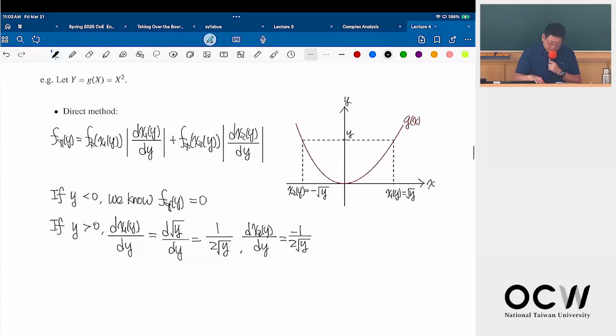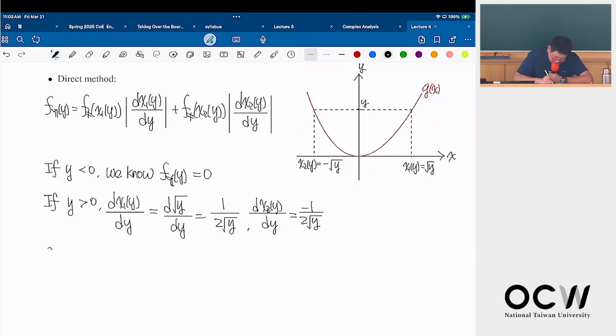So your PDF of y is f of x of square root of y.